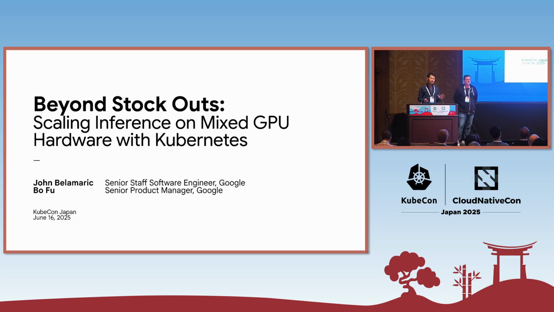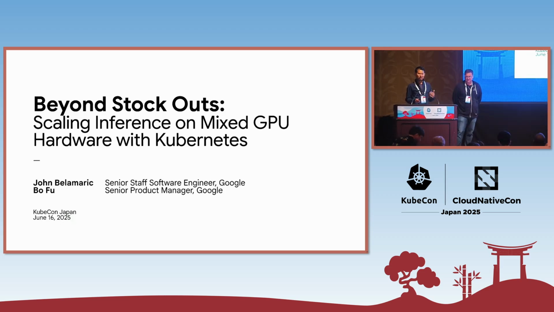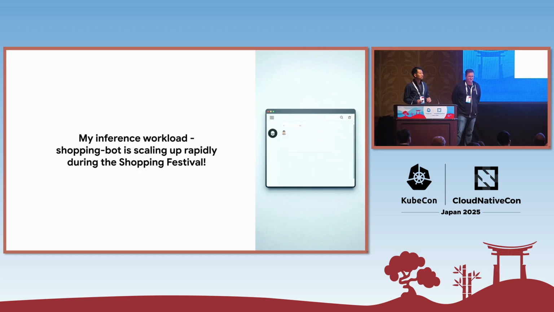First, let's look at one real-life example. If you have been there, you will know the feeling. If you haven't, I think you're probably going to get into that situation very soon. All right, imagine I'm running an inference application, which is a shopping bot for a shopping platform.